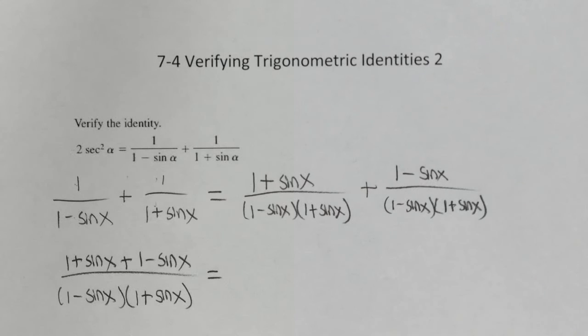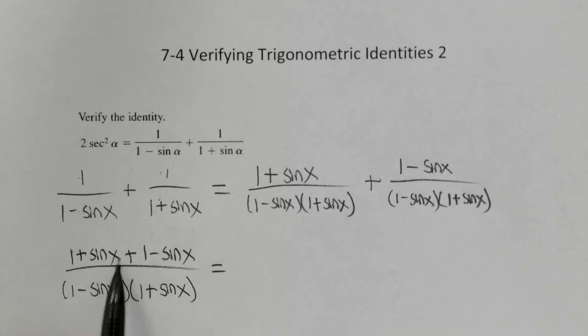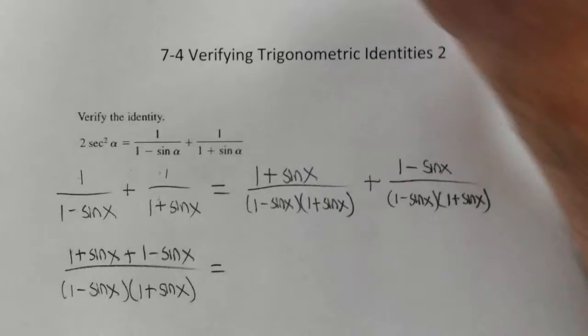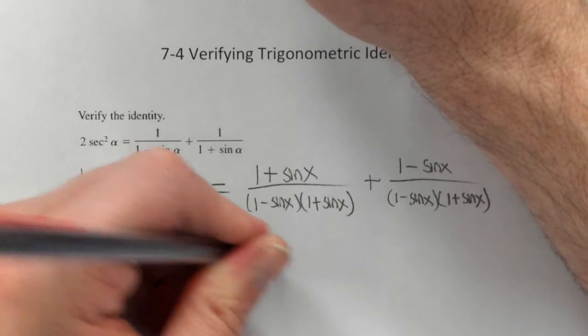Now on the top we should notice that we have like terms that cancel out, sine x minus sine x. Then I can add 1 plus 1 and get 2, so that leaves me with 2.